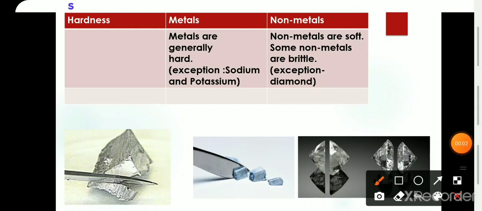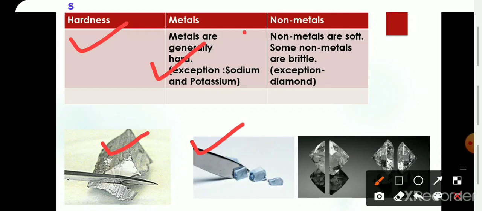Now, third physical property, that is hardness. So metals are generally hard. Exception, that is sodium and potassium. Sodium and potassium being metals, they can be easily cut with the help of a knife. So they are the exception. While non-metals are soft. Exception, diamond.